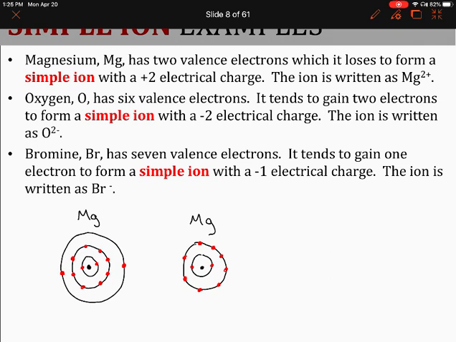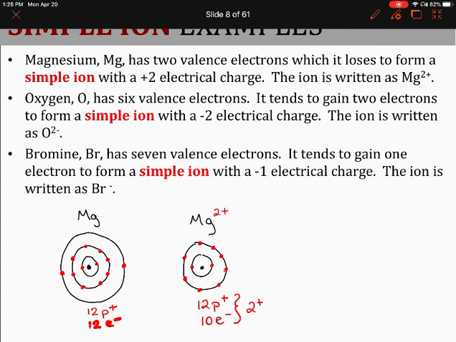So what the charge ends up as is, magnesium originally has 12 protons and 12 electrons. But then after it loses those 2 outer electrons, it still has 12 protons, but now it only has 10 electrons. So if we take that difference, we'll end up with a 2 plus charge. So we're going to write this as magnesium 2 plus.